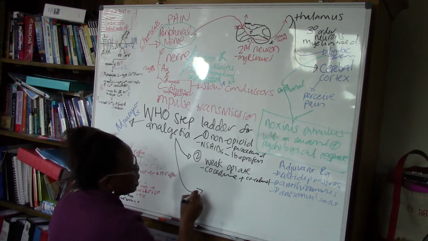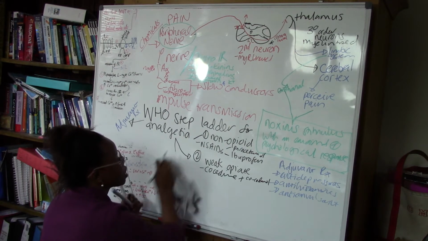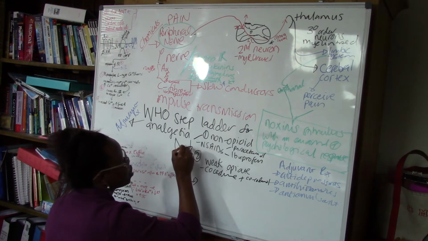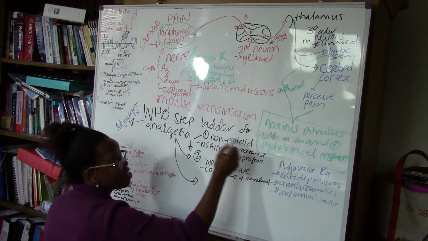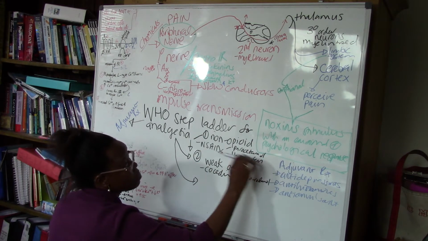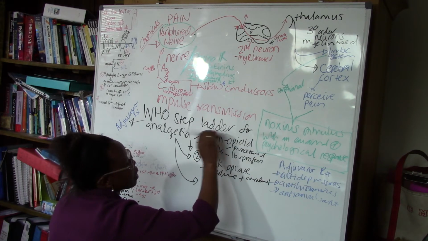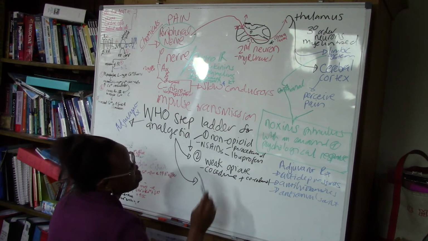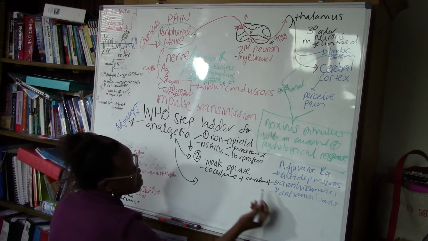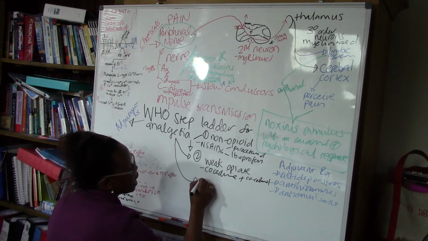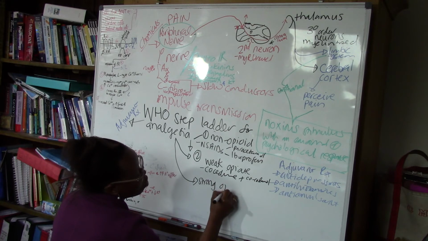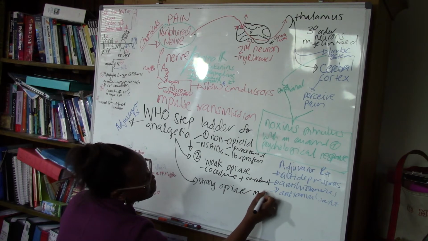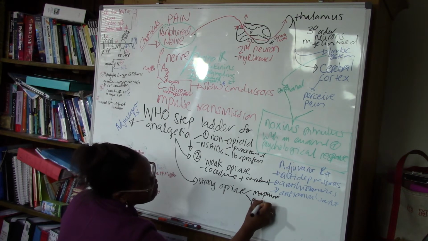And if pain is not resolved or reduced by a non-opioid, then that means that one has to move on to step 2. And if step 2 does not resolve pain, then a strong opiate is used, and obviously this will include morphine and fentanyl.